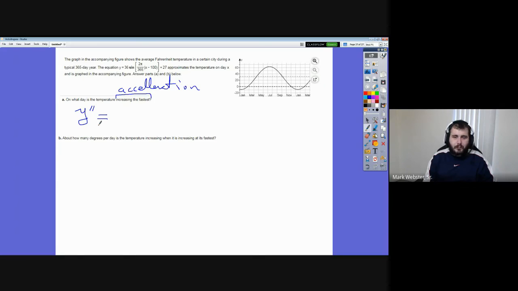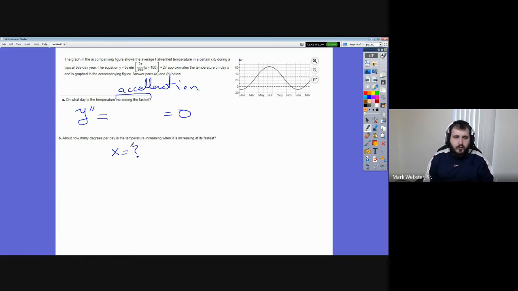What is your y double prime? When is that increasing the fastest? Set that equal to 0 and solve for x. And then you'll get your x value.